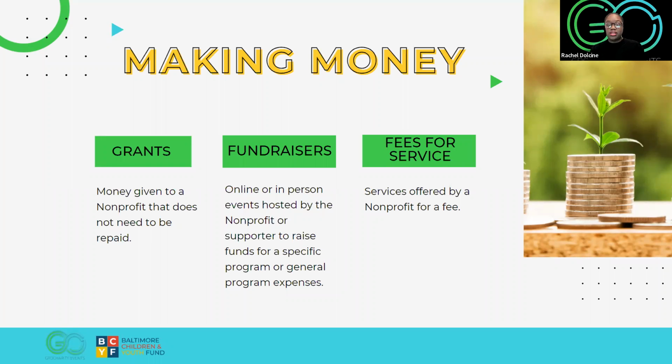So fees for service. You can also think about leveraging what is something that you offer for free to folks who can't afford it, that you can put a price tag on and offer to people that can. Fees for service can also be if you offer therapy, right? And they're in a particular community where they may have government assisted help where you can bill Department of Social Services.